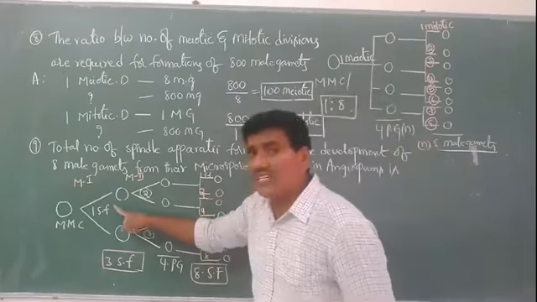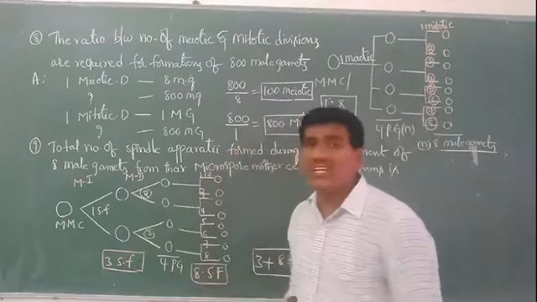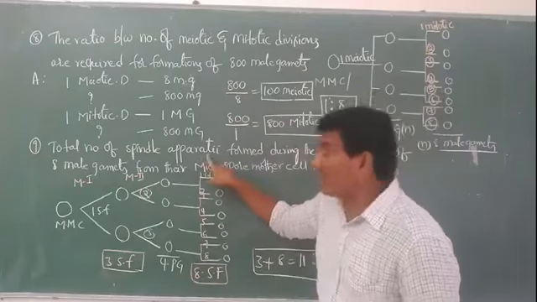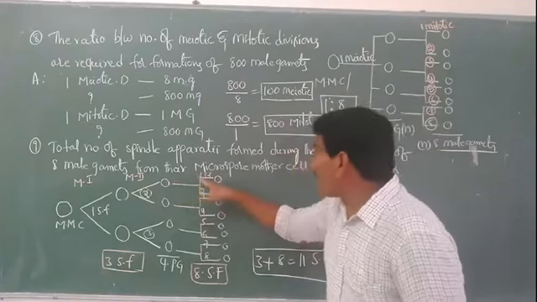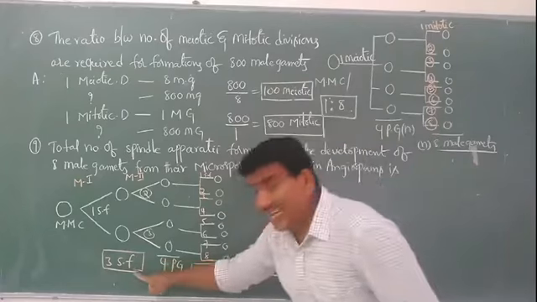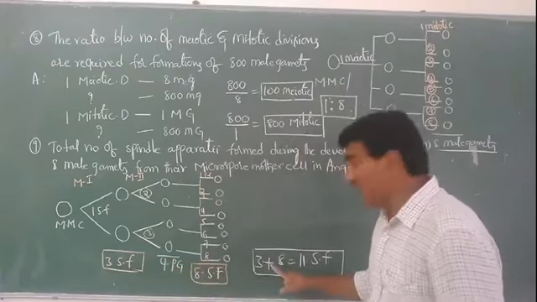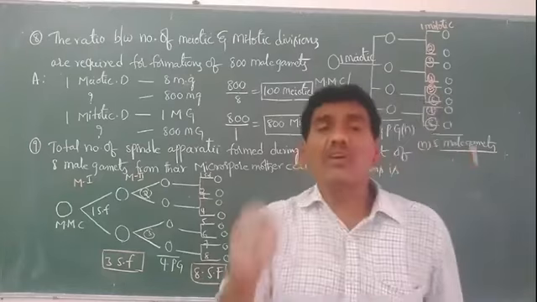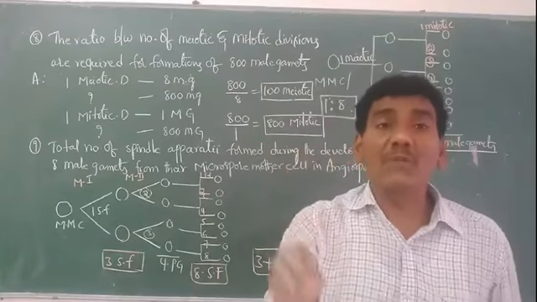In meiosis, 3 spindle apparatus, and in the 8 mitotic divisions, 8 spindle apparatus. Totally 3 plus 8, 11 spindle apparatus are involved for the formation of 8 male gametes from the microspore mother cell in angiosperms.